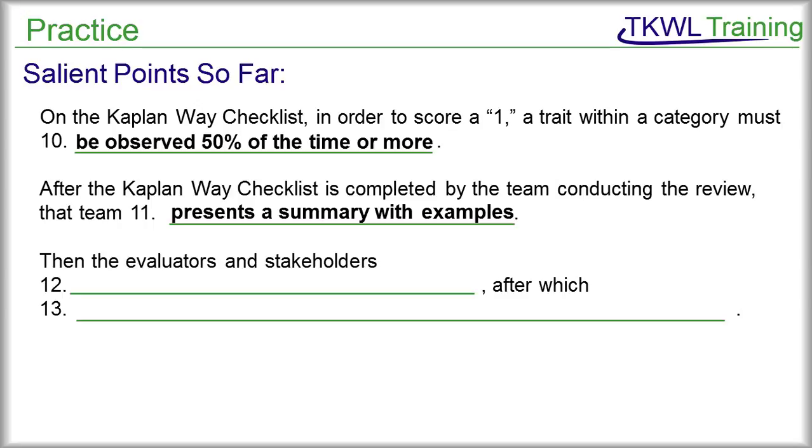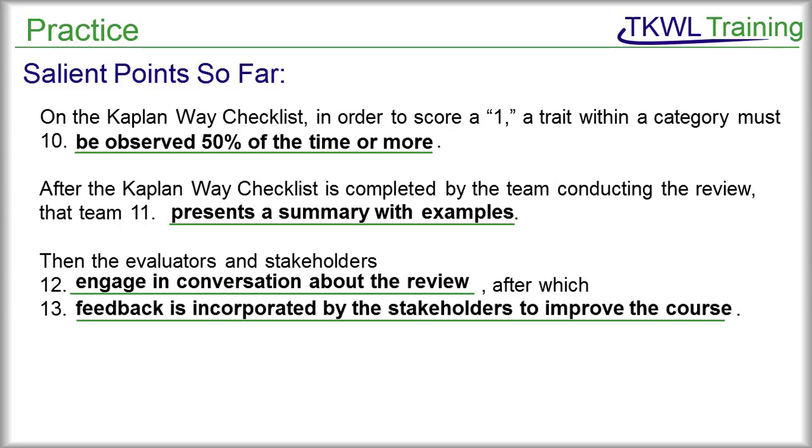Immediately after this, the reviewers and the stakeholders engage in conversation about the review. Hopefully, that high-level learning science-based feedback is incorporated by the stakeholders or content developers or product in order to improve the learning events in their course.